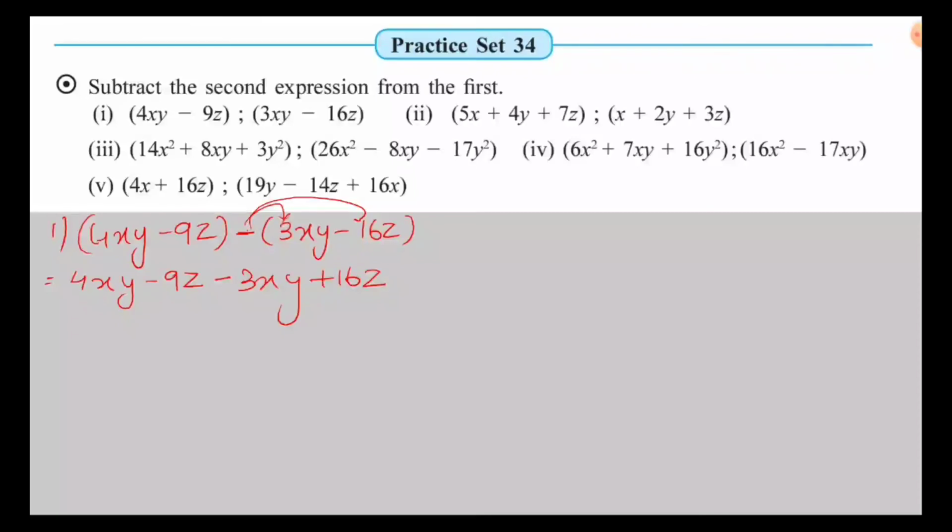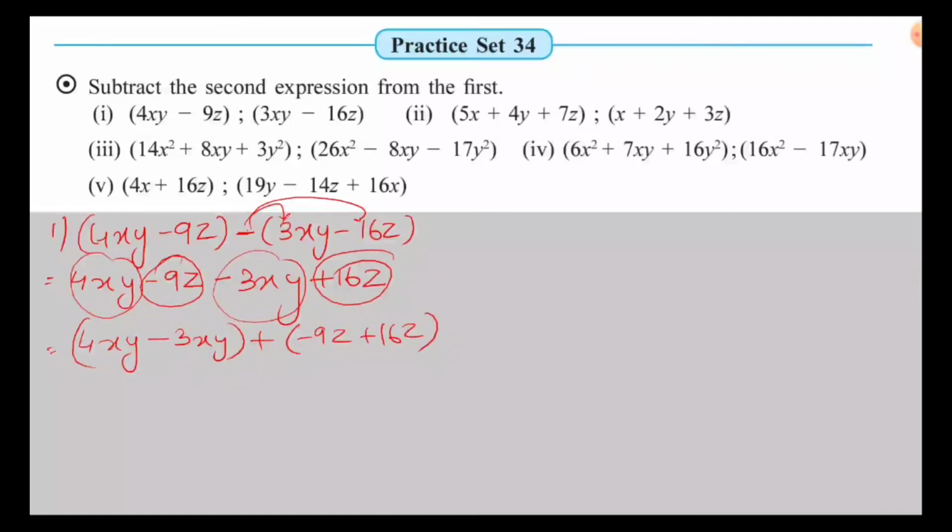Now क्या करना है? This and this will be getting subtracted because there is a minus sign in between. Okay, again in between you will be putting a plus sign and not a minus sign. Okay, and then minus 9z plus 16z, all the like terms we have written together. Now 4x minus 3x will be 1x, so we will be just writing x.